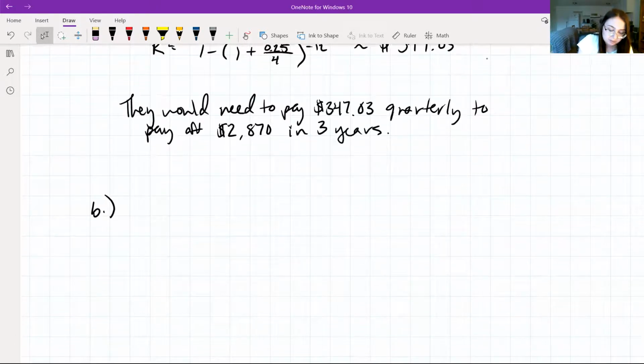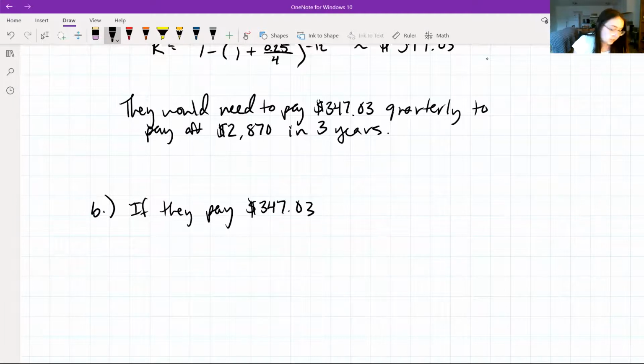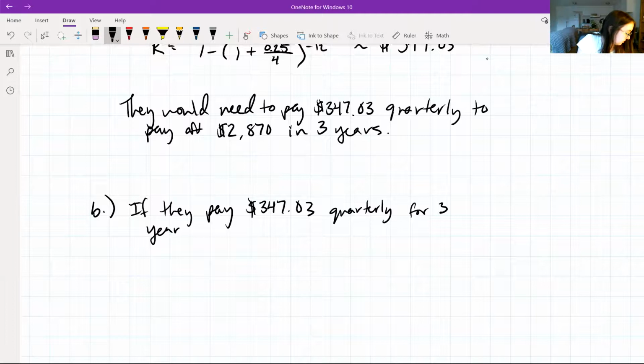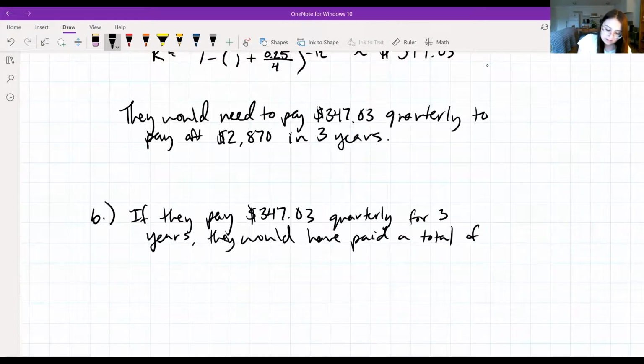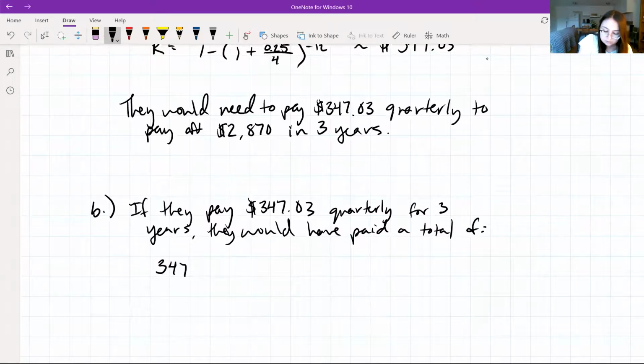So we start off by saying if they pay $347.03 quarterly for 3 years, they would have ended up paying a total of, and we take 347.03 and multiply it by 12.